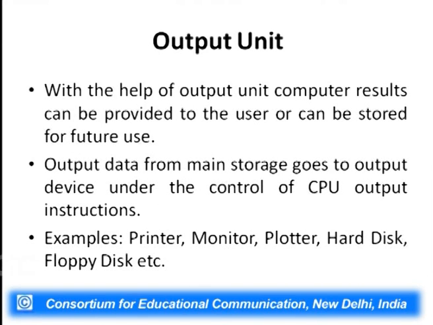Now the output unit, on the other hand, is that part of the peripheral which is used by the computer to display the result to the outside world. This can be a display device, this can be a storage device. So there are different types of output devices, the common examples being a printer. Your monitor is a display device and it is again an output device. Then there can be a hard disk or a floppy disk.